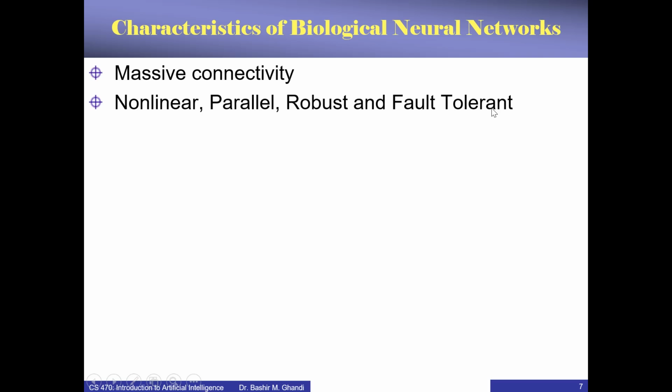Fault tolerance because as the human ages, many of these neurons die, but you don't see any real weakness in the human because of the loss of some of these neurons.